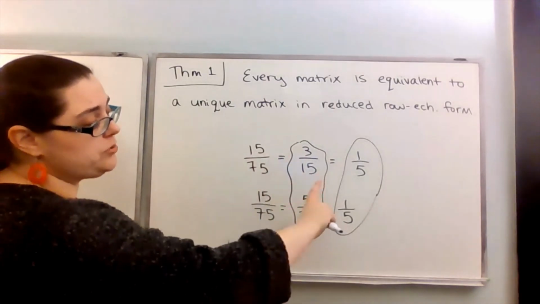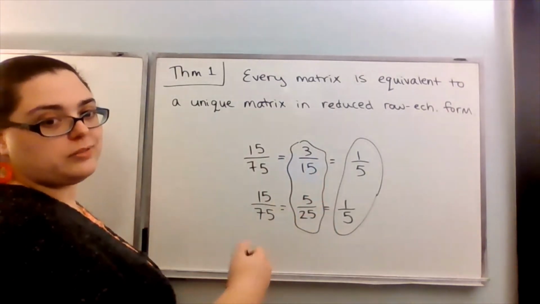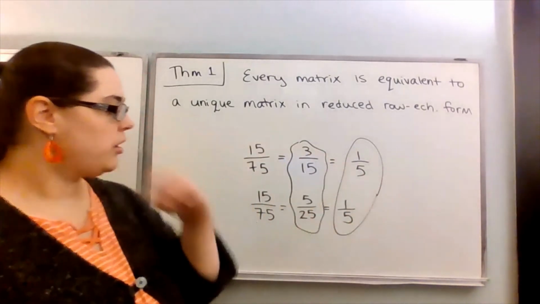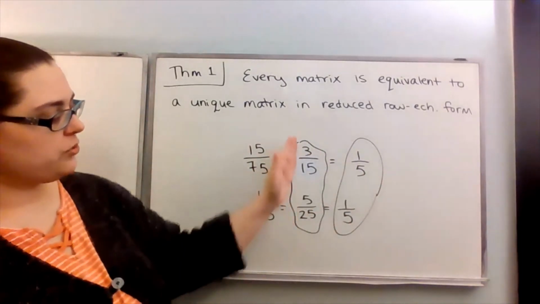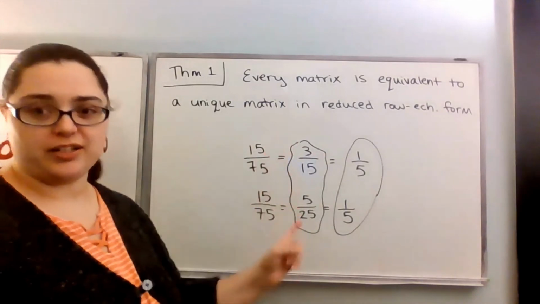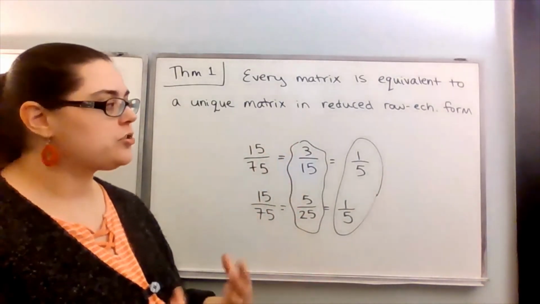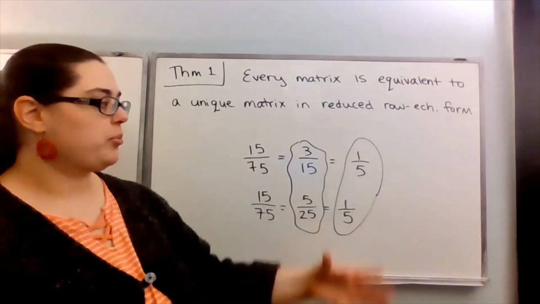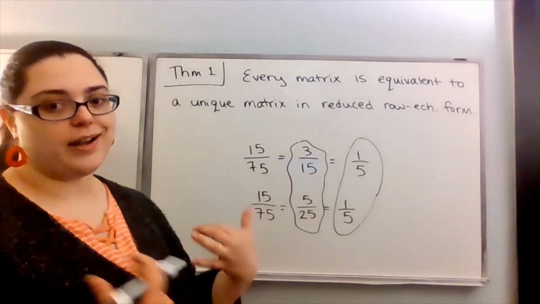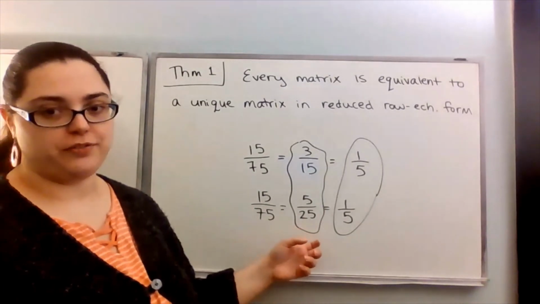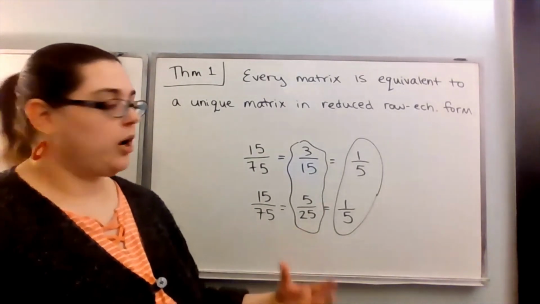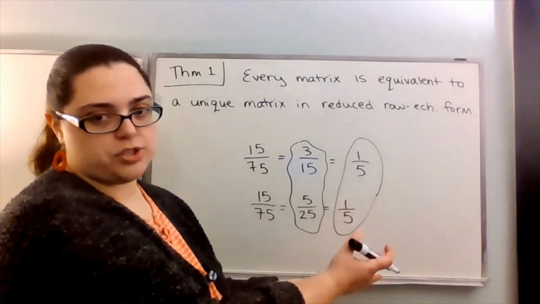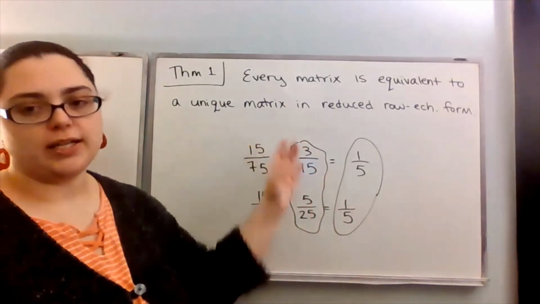So they're a little bit reduced along the way, but we could take different steps in getting to our final answer. So if I only go to the sort of middle step, I might get a different answer in that process. So that's what happens when you use Gaussian elimination. You might use row operations to get to 3/15, and I might use row operations that get me to 5/25. Doesn't mean we're wrong. We're both eventually going to get to our solution of 1/5, but we took a different way to get there.